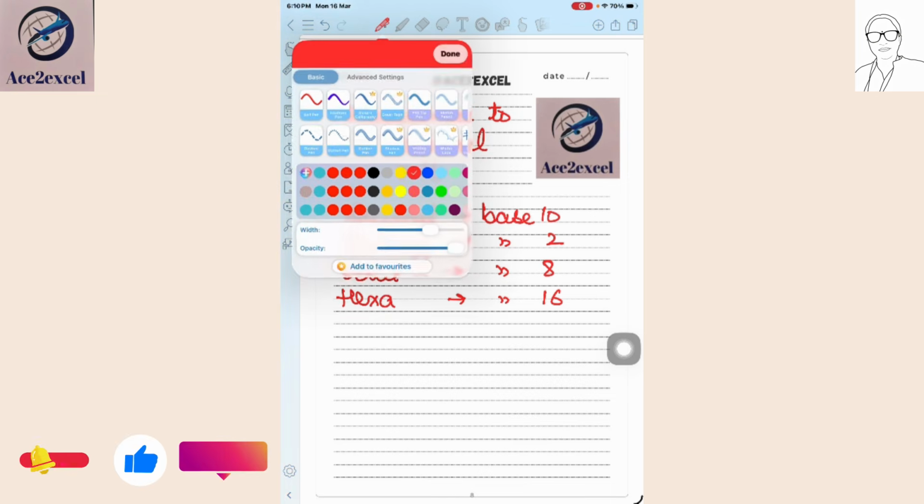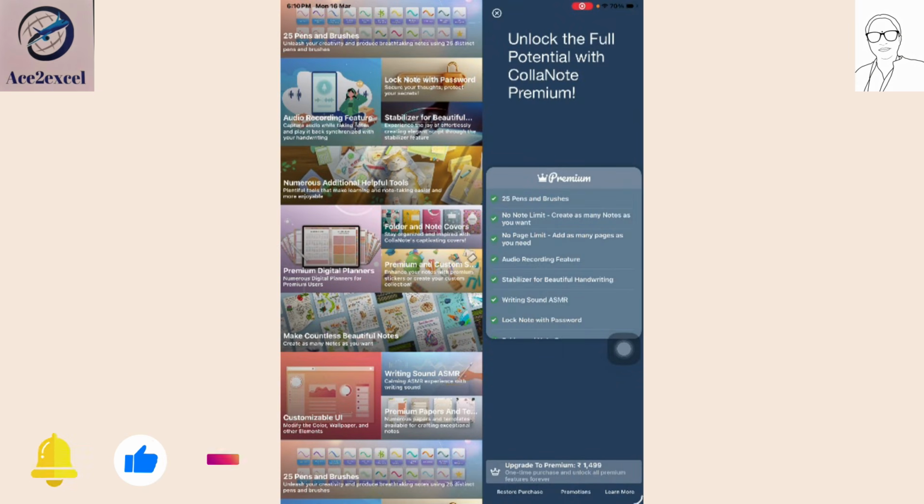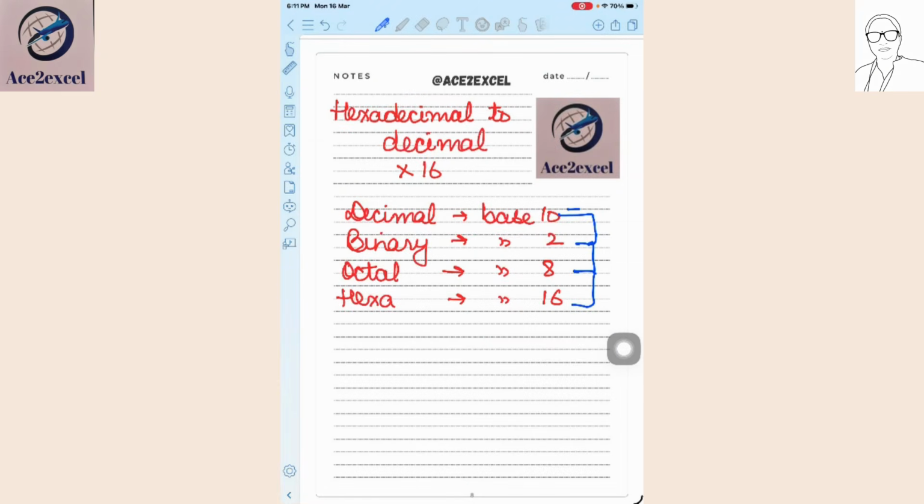Whenever the conversion is from decimal to any of the number systems, D for decimal, D for divide. Whenever it is decimal to binary, decimal to octal, decimal to hexa, you will always divide by 2, 8 and 16 respectively. Other way round, if you are given hexadecimal to decimal, you will multiply by 16. Octal to decimal, you will multiply by 8. Binary to decimal, you will multiply by 2.